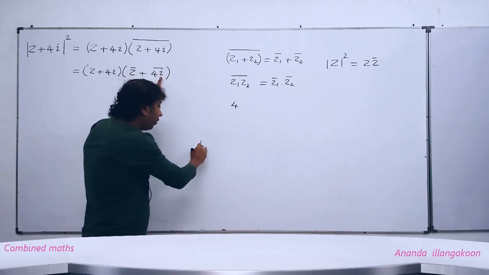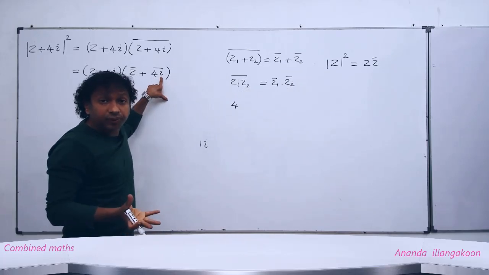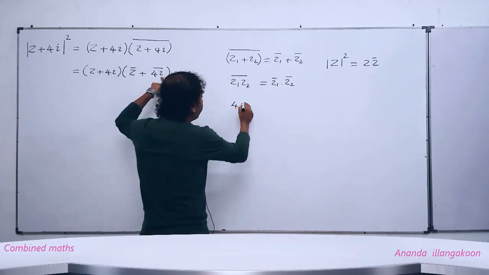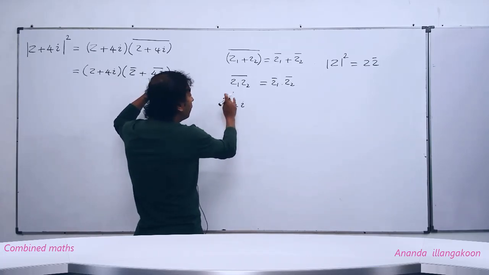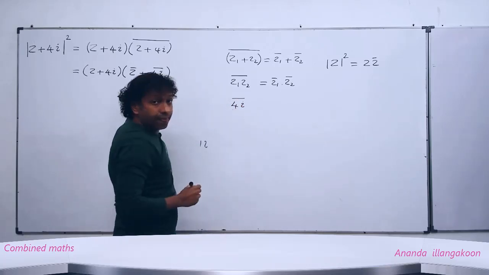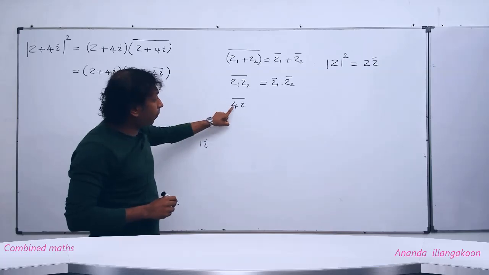I means 1 times I, a purely imaginary complex number. Then we can apply this bar for this 4 and this I separately.